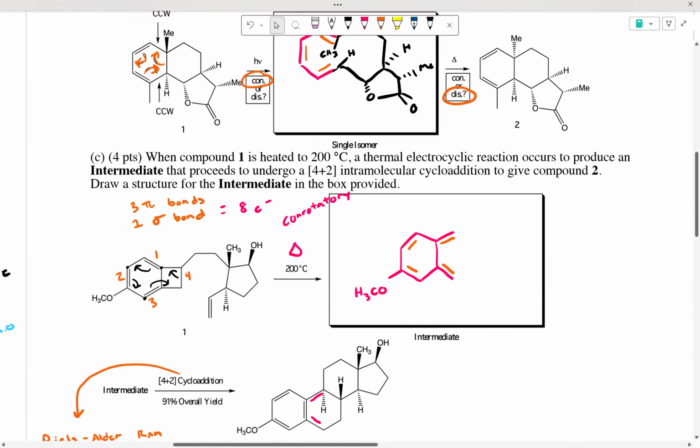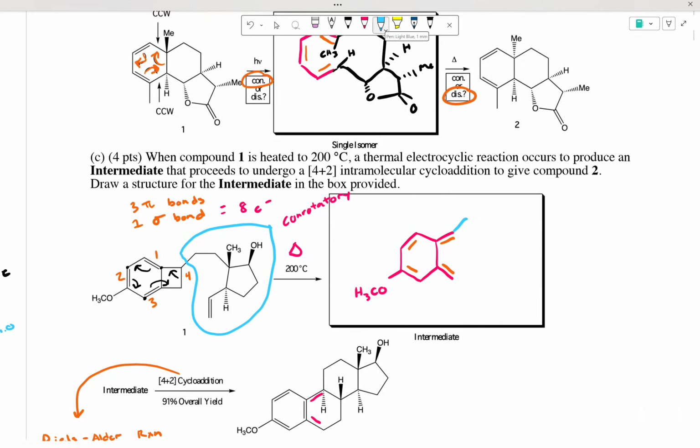We've drawn the pi system, but we're still missing the rest of our molecule. And again, the same idea holds. There's no reaction going to happen on this side. So this means it's just gonna be the same before and after. So I'm just gonna draw it the same way.